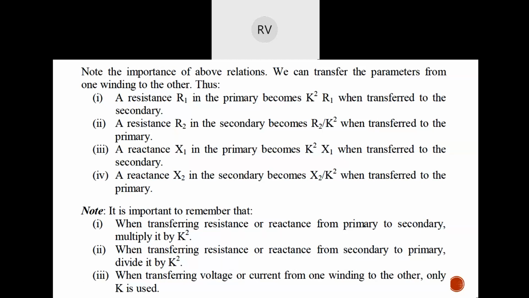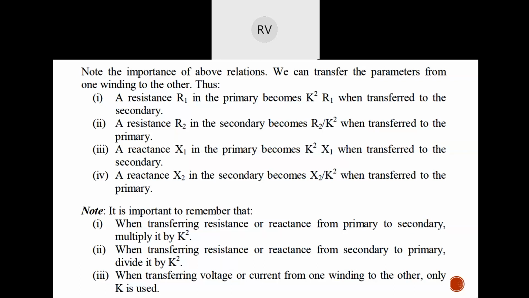Note, it is important to remember that when transferring resistance or reactance from primary to secondary, multiply it with K square. If you want to move from secondary to primary, divide it by K square. Okay, from primary to secondary, multiply. From secondary to primary, divide.